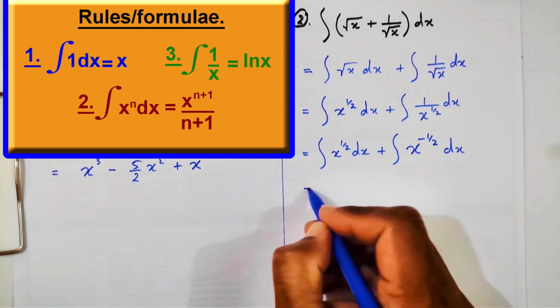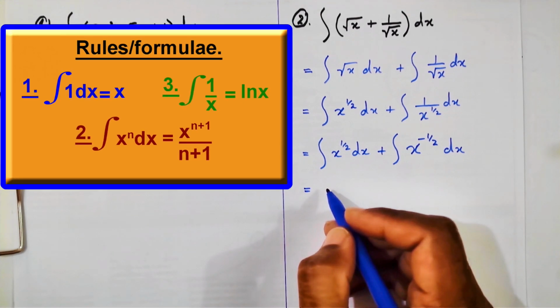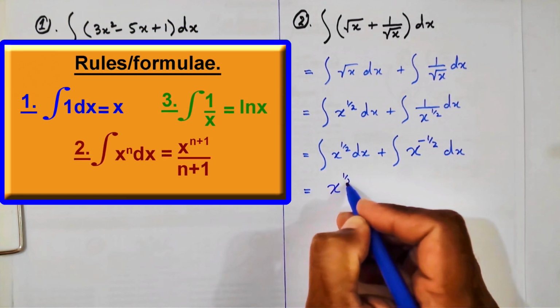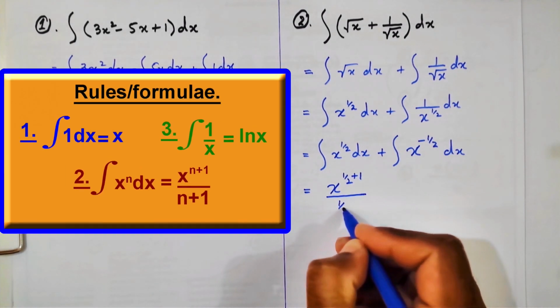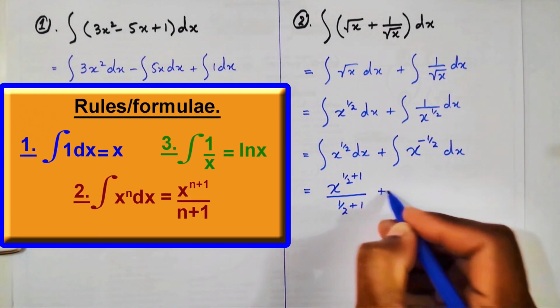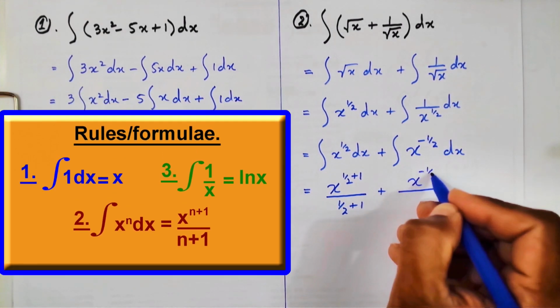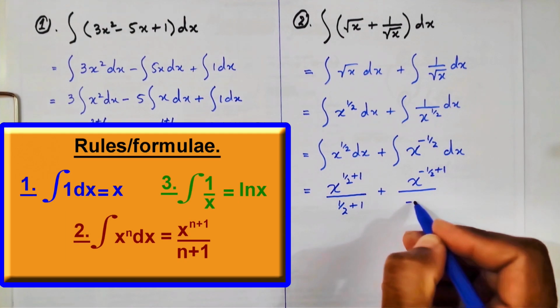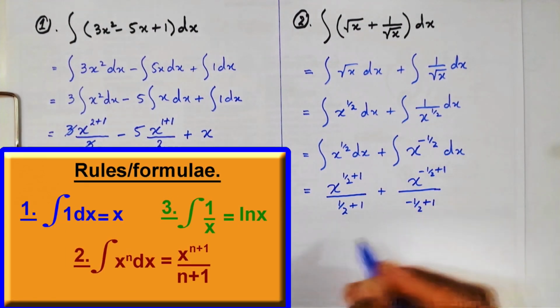Now we find the integration by applying the same rule, x raised to power n. We add 1 to this power and write it in its denominator. Same as here, we add 1 to the power and write the result in its denominator.